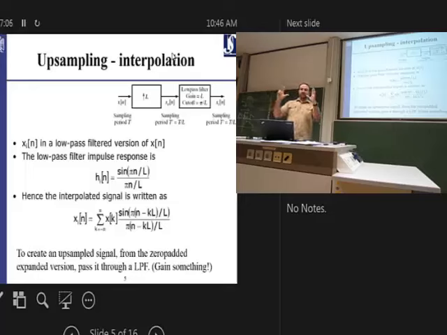And now we have the upsampling. So the upsampler together with the filter is called an interpolator or interpolation system. So the idea in upsampling was to add some zeros to the signal.